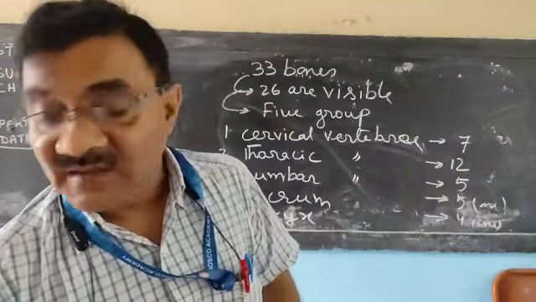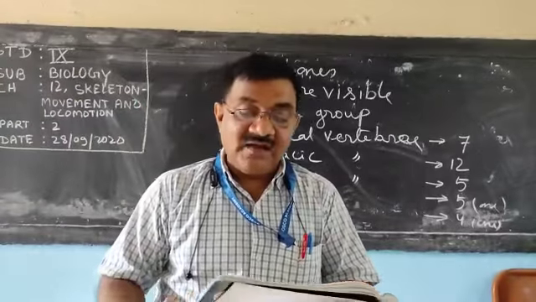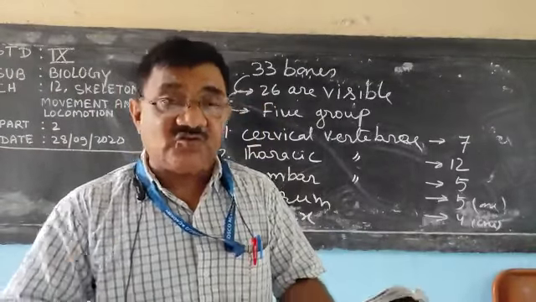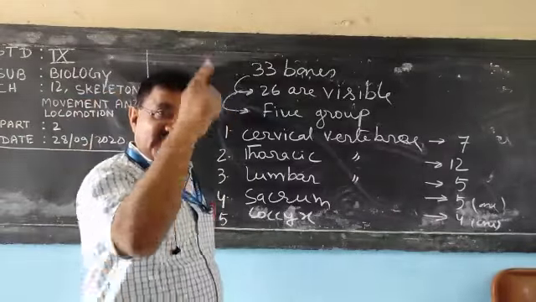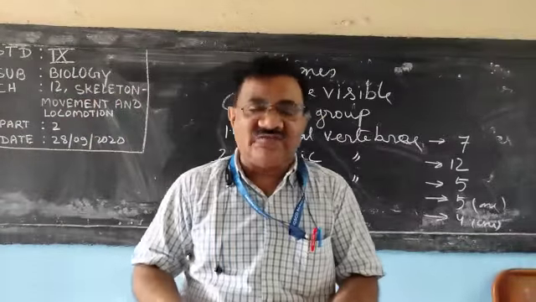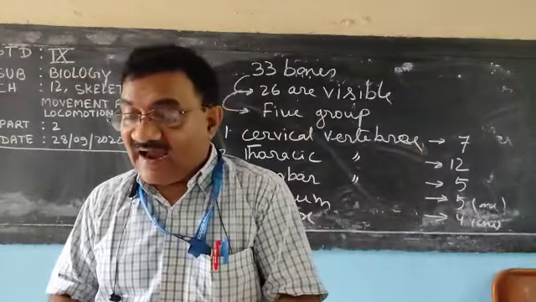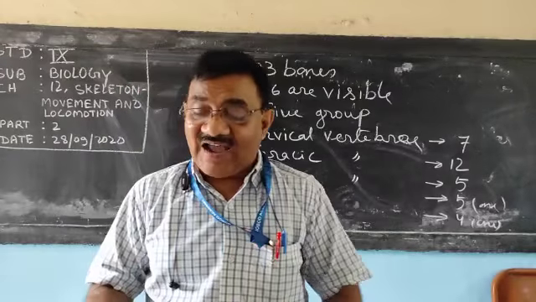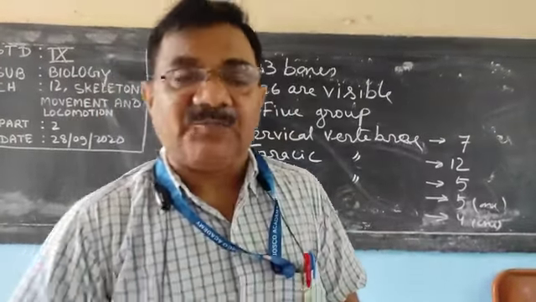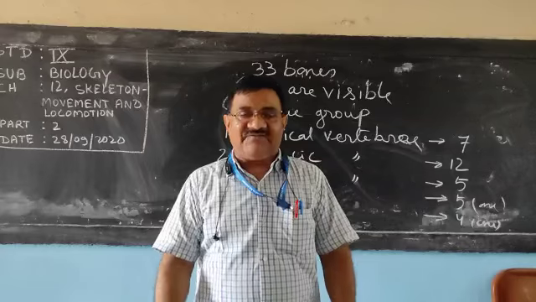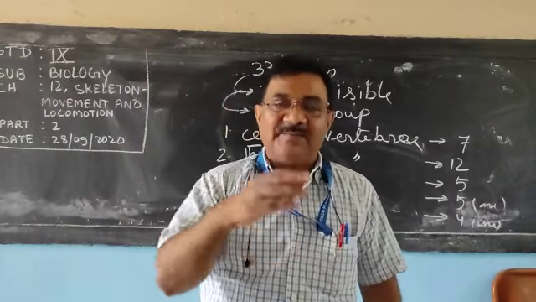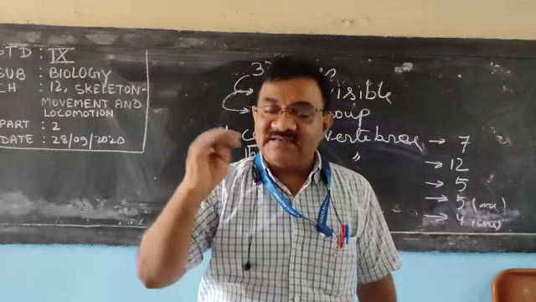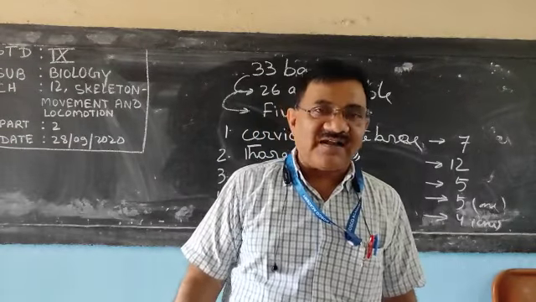Why? In the box it is given, the vertebral column is curved to maintain the balance of the body. While we are in erect position, I am standing erect in front of you, and I am erect because my vertebral column is curved. So this part you have understood.